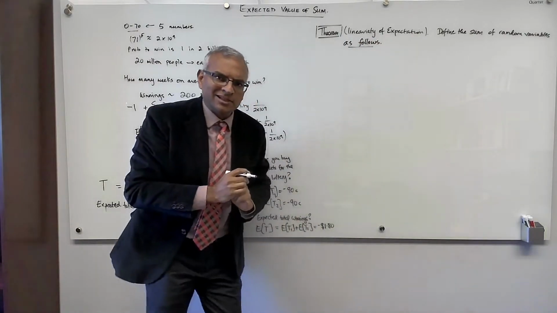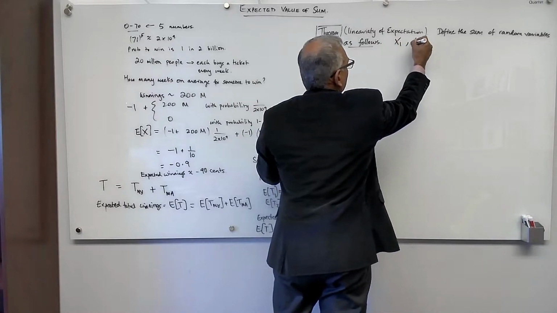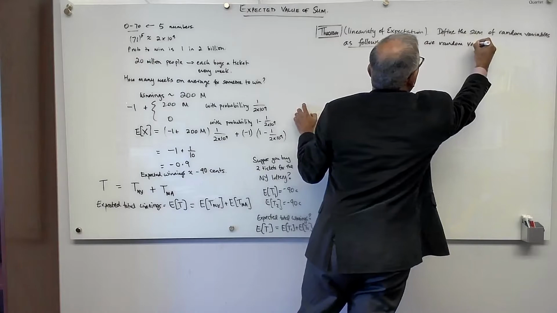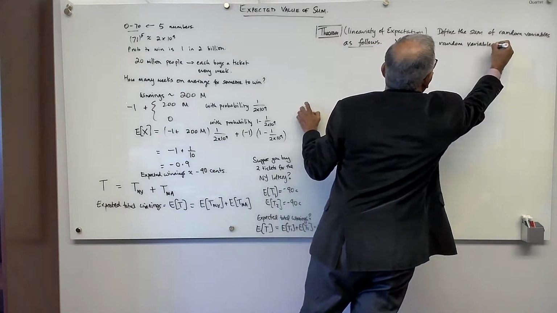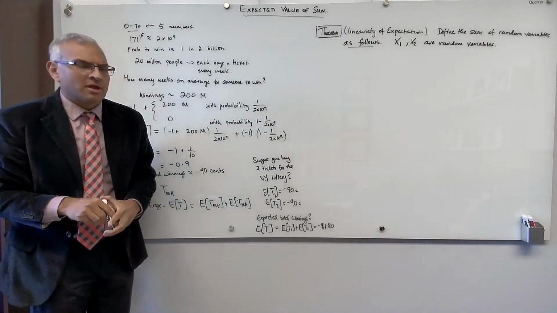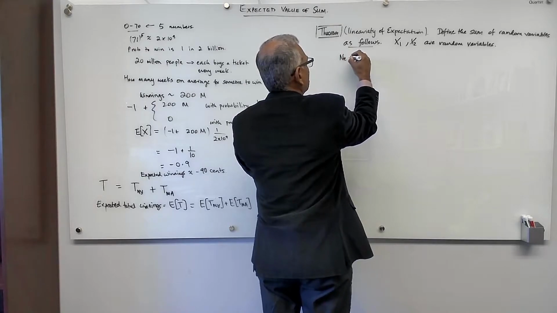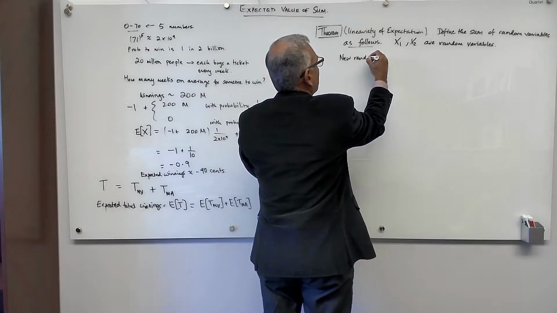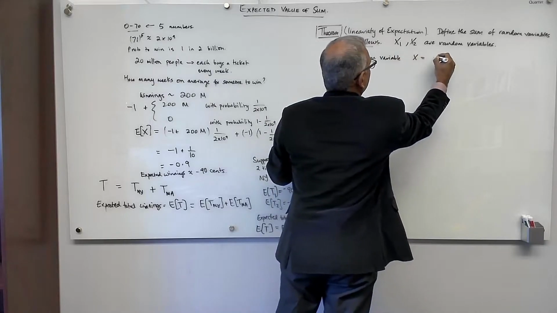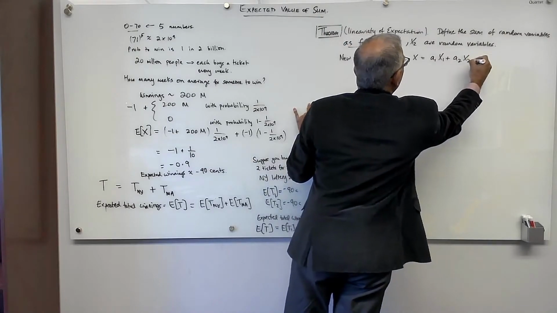Let's say you have random variables x1 and x2. Then we can define a new random variable x, which is, let's call it, a1 x1 plus a2 x2.